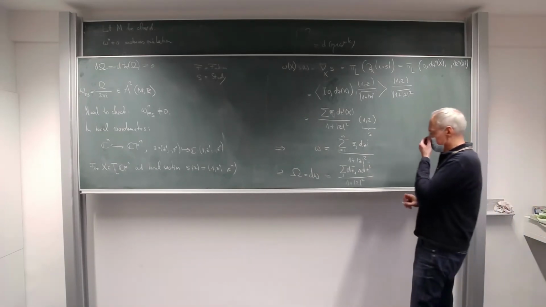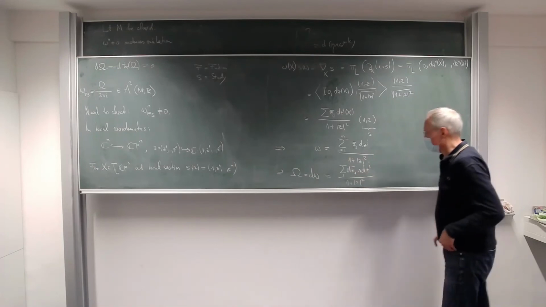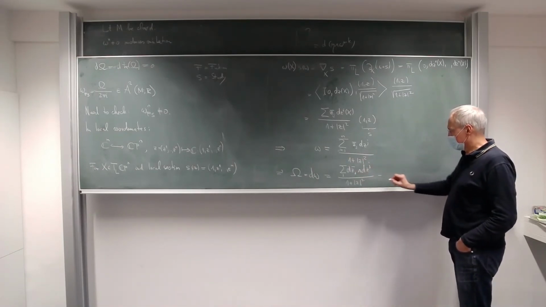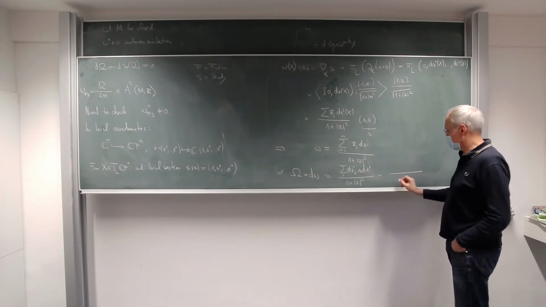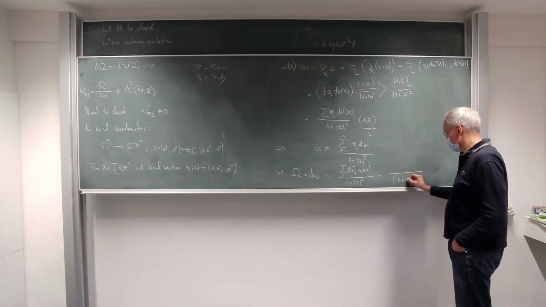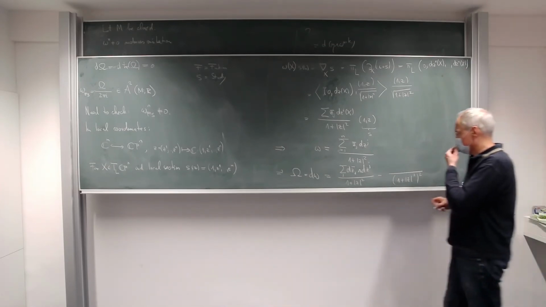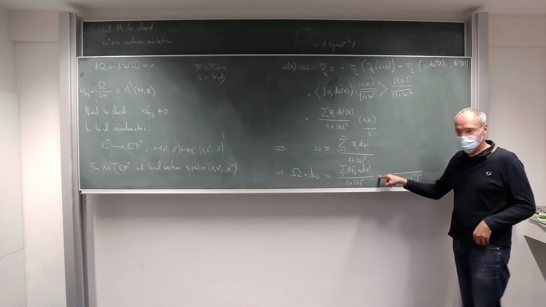And then I get something coming from the derivative of the denominator. So that would be minus, then I have to square this denominator. Because 1 over something, when differentiated, gives me 1 over something squared times minus the derivative of the something. That's why I put the minus here.